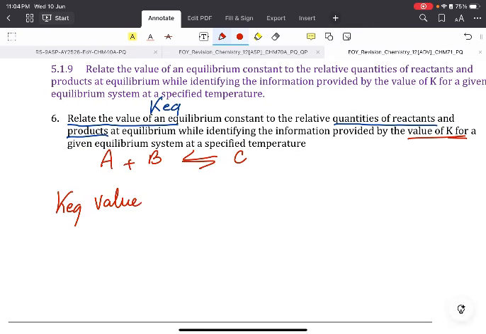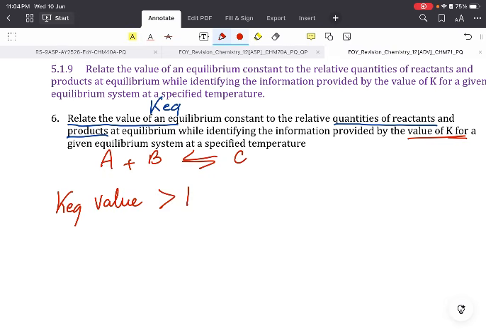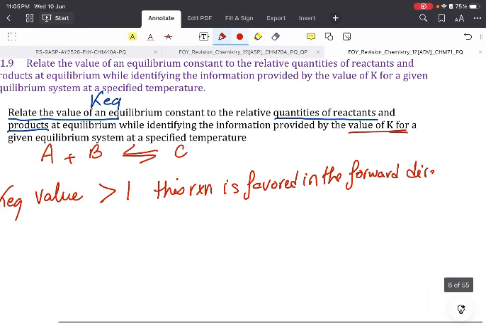If the K equilibrium value is greater than 1, it means that this reaction is favored in the forward direction. Now, what does that mean?